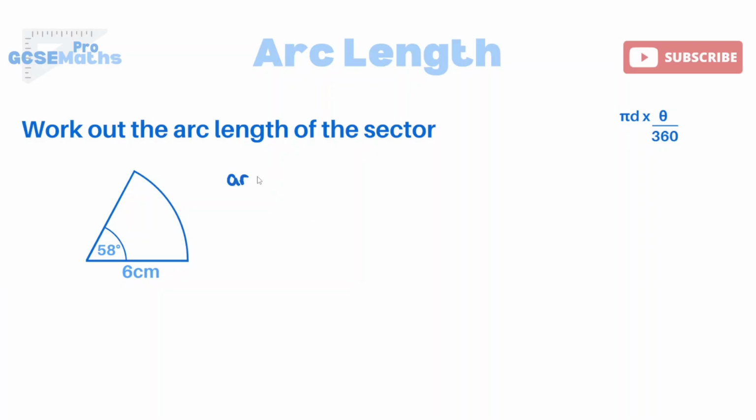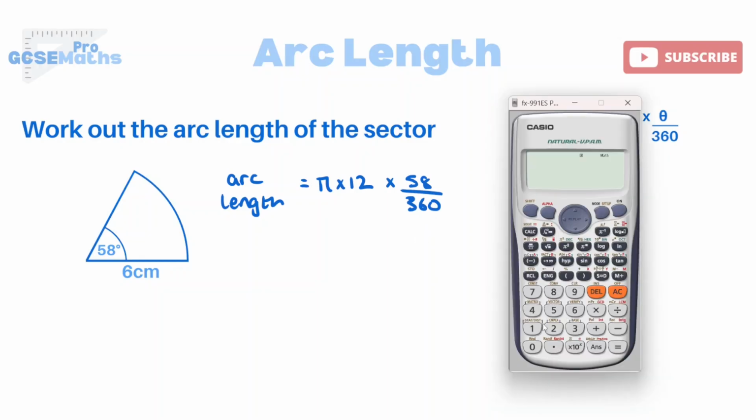So the arc length is pi times the diameter. Now with sectors, you're most likely to be given the radius, but I know that the diameter is 2 times the radius, so that's actually going to be 12, isn't it? Pi times 12 times by what fraction of the whole circle am I working with? Well, I've got 58 over 360 degrees. And then we just put it in the calculator.